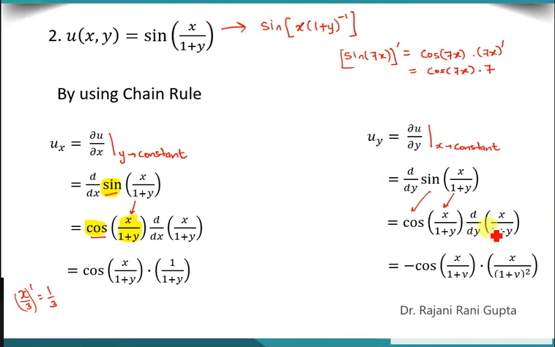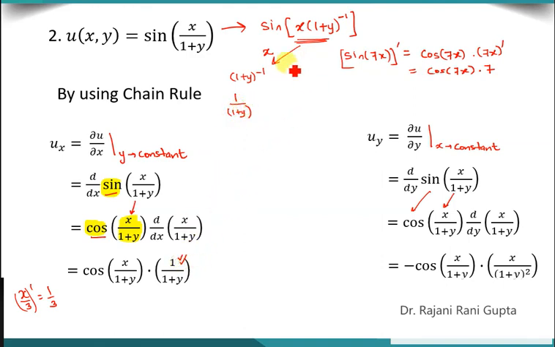Now how do we differentiate it? You have two ways, either use the quotient rule or consider it in this way. If you differentiate it with respect to x, the derivative of x is 1, so 1 plus y to the power minus 1, which is nothing but 1 over 1 plus y, the term you got earlier.